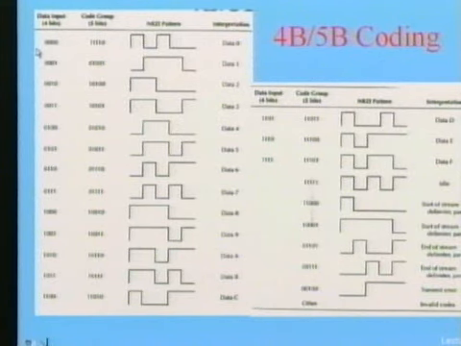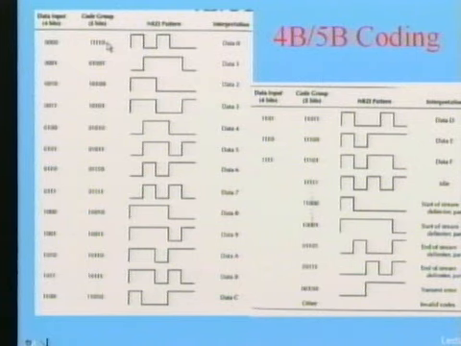4B5B coding, what it does, it takes 4 bits and codes it in what? 5 bits. But the way that they code the 4-bit to 5-bit, they do it so that they at least secure 2 transitions in here. If you have non-return to zero inverted, if you want to secure 2 transitions, what should you have in the coded waveform?